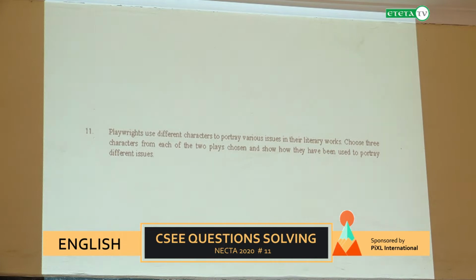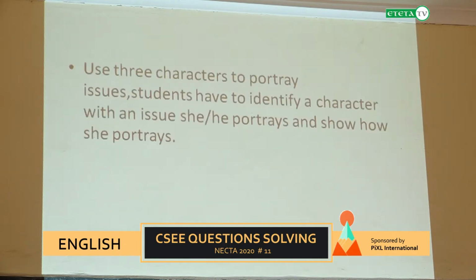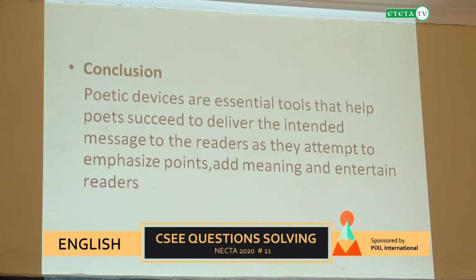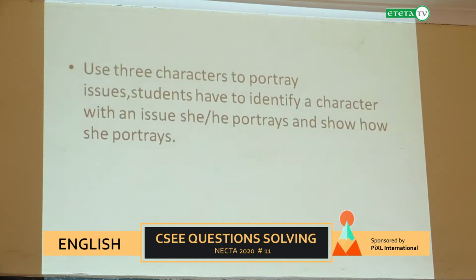That is how you can paraphrase the question. State it in a different way. When I say to paraphrase, you need to state it in a different way so that you can identify the demand of that question. What is the target of that question?